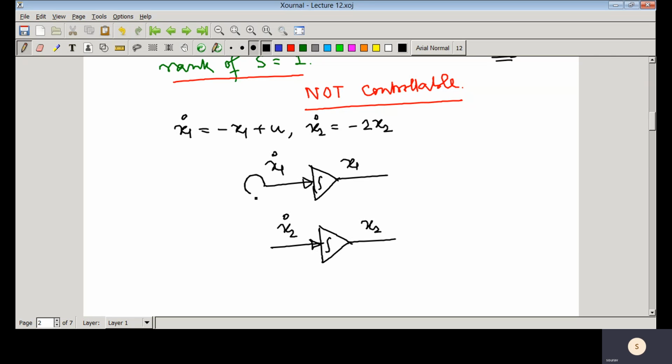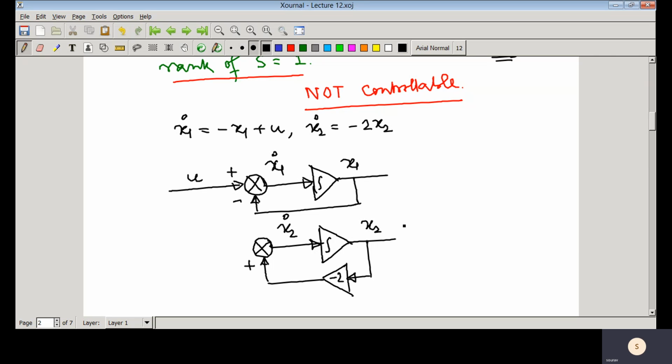The first state equation is x1 dot equals minus x1 plus u. That means u is entering here. And what is x2 dot? x2 dot equals minus 2 x2, that is a gain of minus 2 on x2.